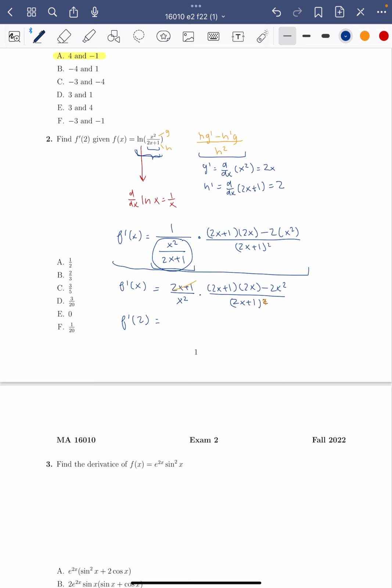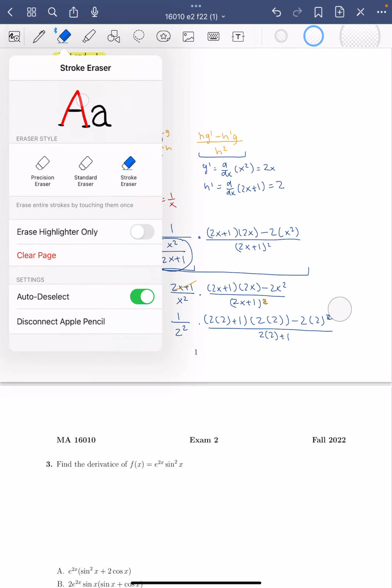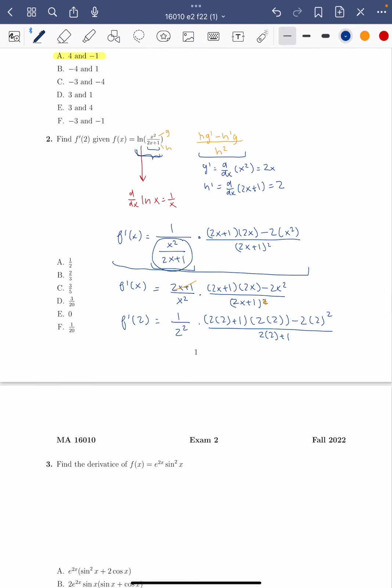If we solve for f prime of 2, we have 1 over 2 squared times 2 times 2 plus 1 times 2 times 2 minus 2 times 2 squared over, not 2x, 2 times 2 plus 1. That's a lot of 2's. Let's go ahead and simplify this.